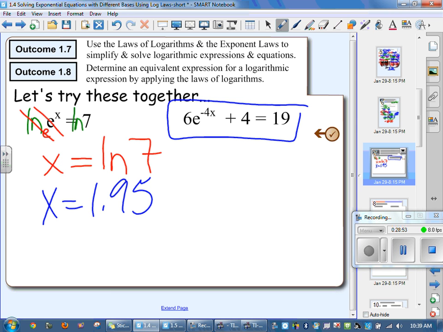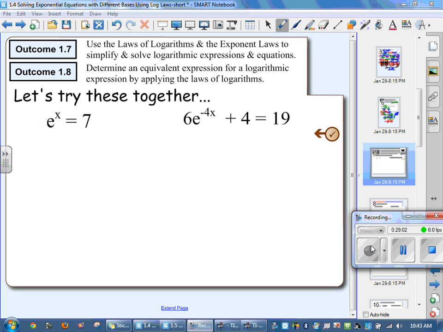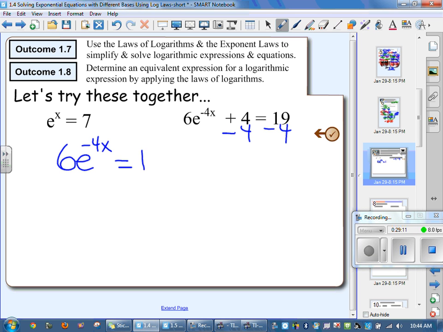Okay, first step, you're going to subtract 4 from both sides. I'm going to get 6e^(-4x) equals 15. Now I can't ln both sides yet, because you've got a digit in front of the e. And remember, when we ln both sides, we get rid of e. So we can't get rid of the e until the 6 is gone. So that means my next step is dividing the 6 out on both sides.